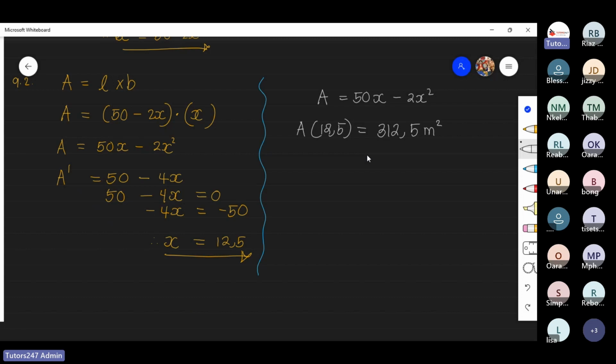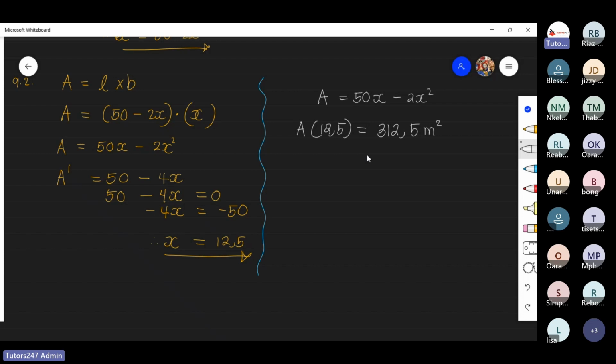So we'll take a value less than 12,5 and a value bigger than 12,5. If any of those values yield a larger area than 312,5, it means our answer is wrong. But if all the new values that we take are smaller than the area of 312,5, it means our value is correct.